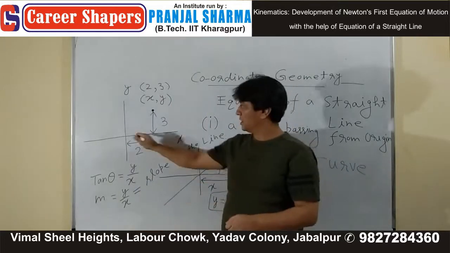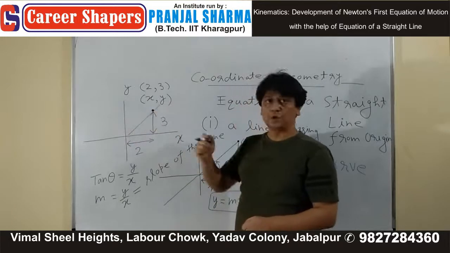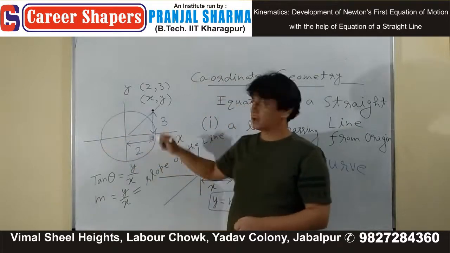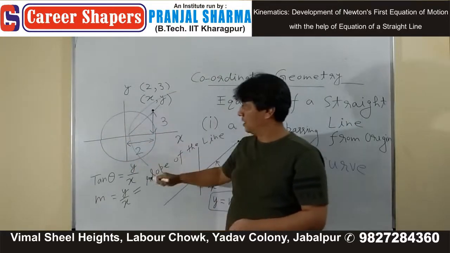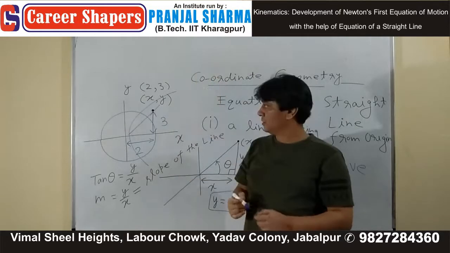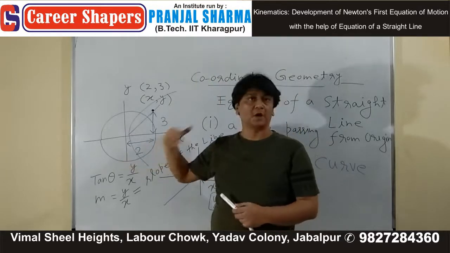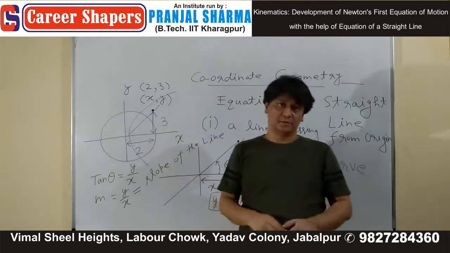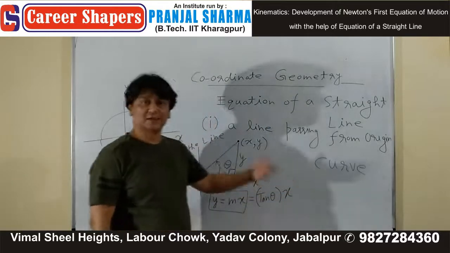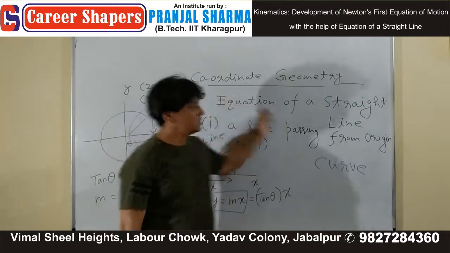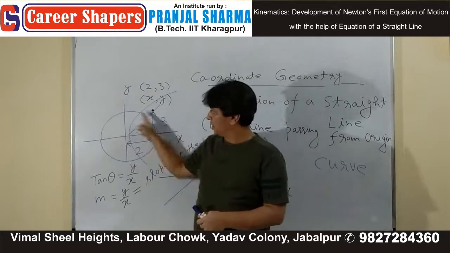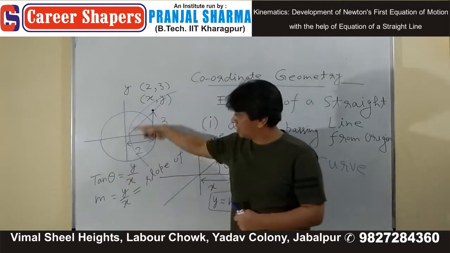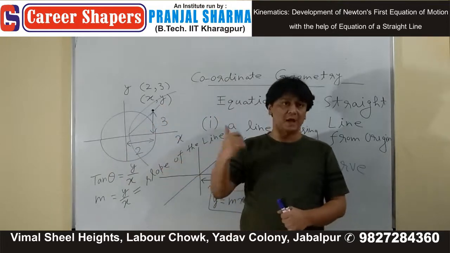You can plot a line, you can plot a circle, you can plot a parabola. What is a parabola? We'll see it later. So all these things are called what? Curve. Even a line is a curve, but this curve has a special name which is called straight line. This curve has a special name which is called circle. This curve has a special name which is called parabola.